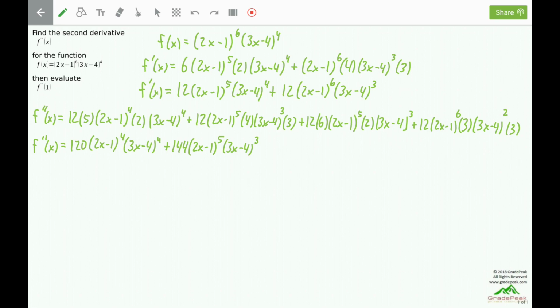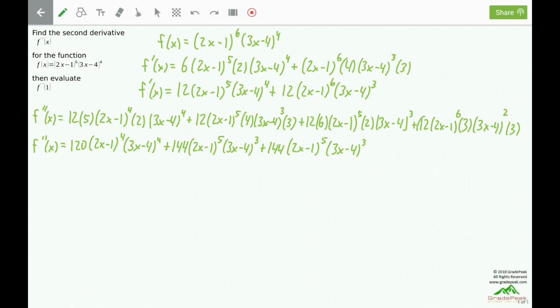The next term we have a 12, a 6, and a 2. 6 times 2 is 12, times the other 12 is 144. And we have a (2x minus 1) to the 5 and a (3x minus 4) to the 3.